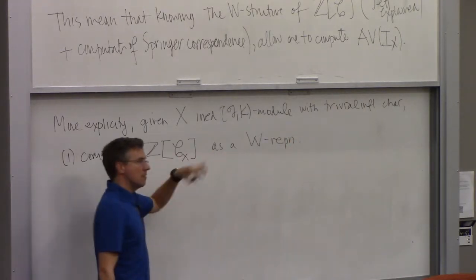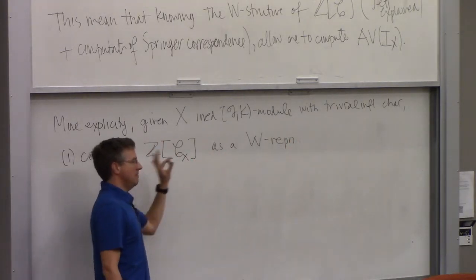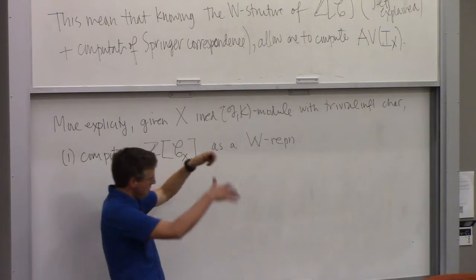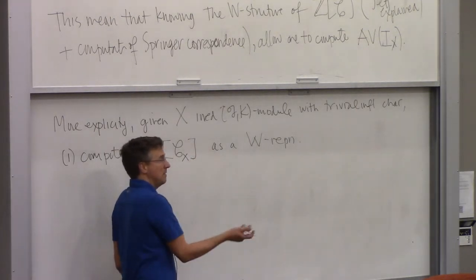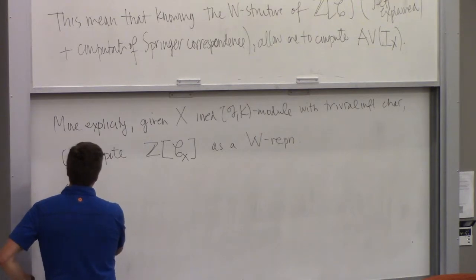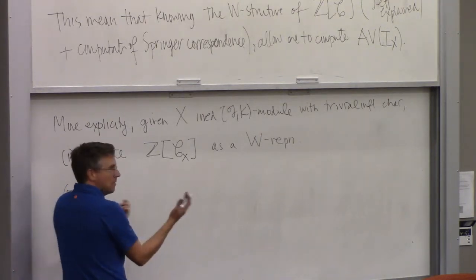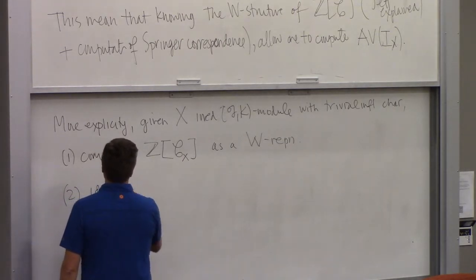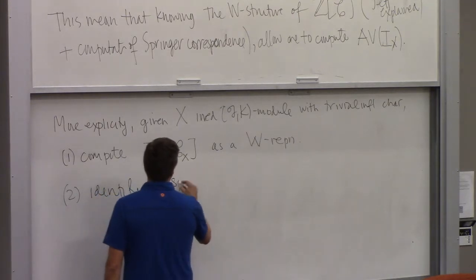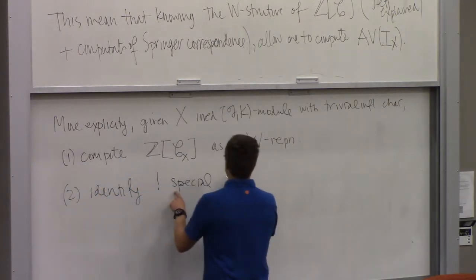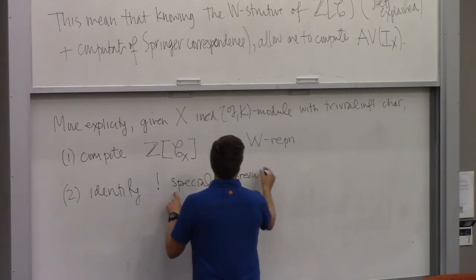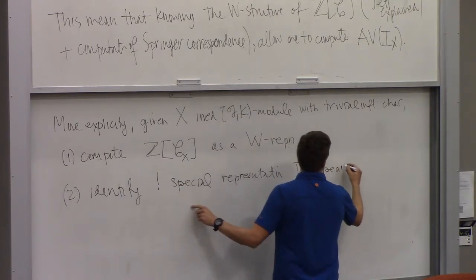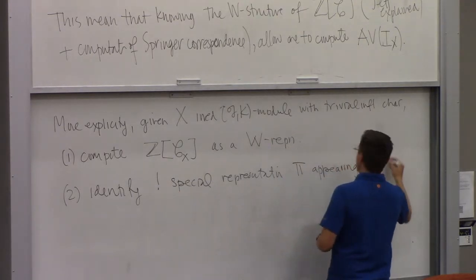Does that make sense? So go off, compute the cell that contains X, and see what the matrices are for the simple reflections generating W with respect to the basis of irreducibles. And then maybe feed that to GAP or something and decompose it in some way. So identify a unique special representation pi appearing in Z of C of X.